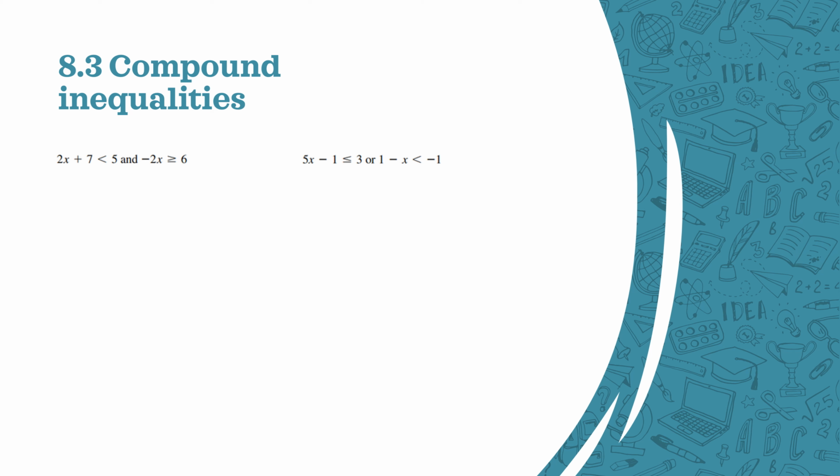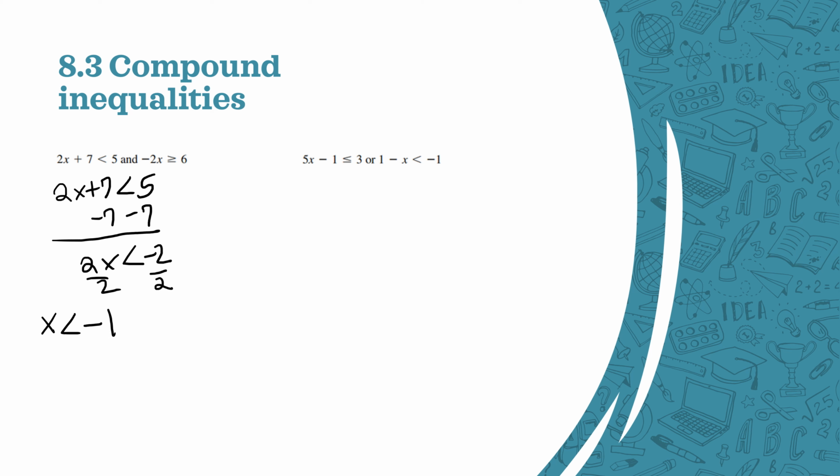Okay, so if I start with this one, I subtract 7 from both sides, I get 2x is less than negative 2, divide by 2, divide by 2, x is less than negative 1. And then I look at this one. Negative 2x is greater than or equal to 6. Divided by negative 2, divided by negative 2. X is less than or equal to negative 3.